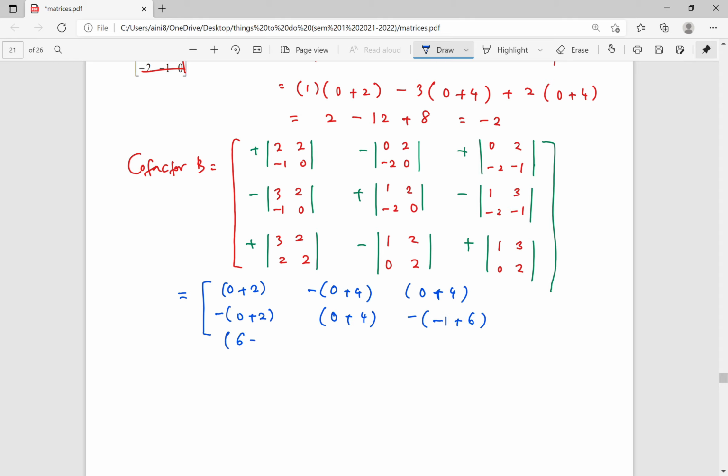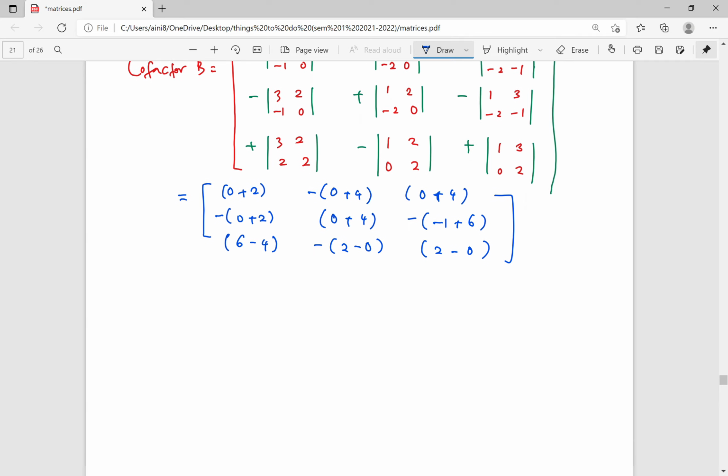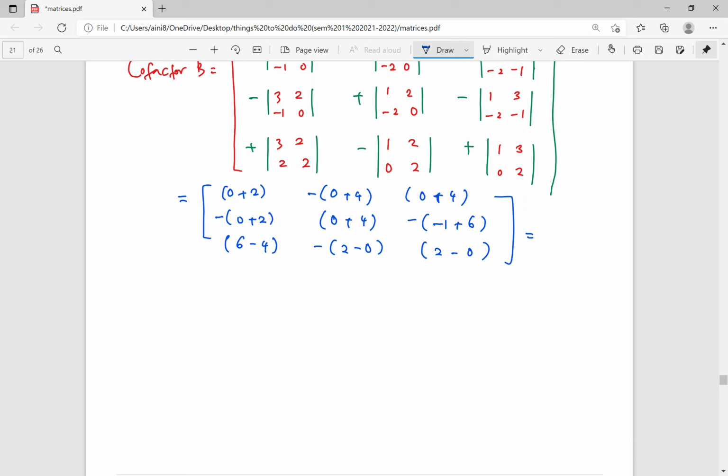And then 6 minus 4, minus 2 minus 0, and then 2 minus 0. So the answer is 2, negative 4, 4, negative 2, 4, -5, 2, -2, 2.